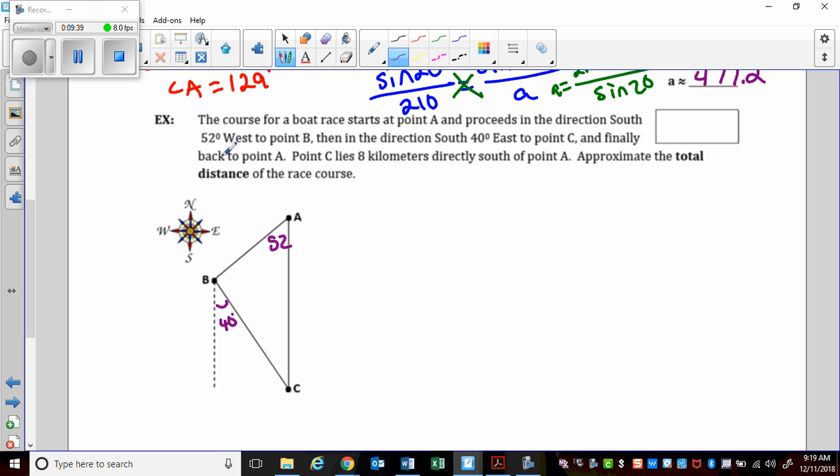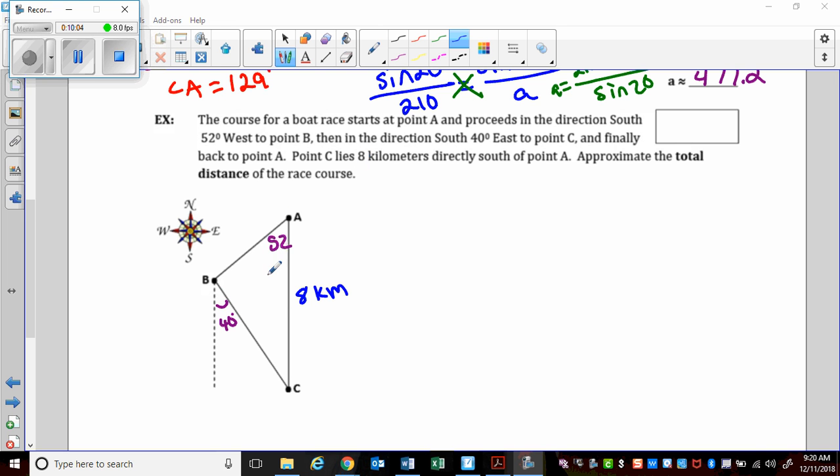And finally, back to point A. Point C lies 8 kilometers directly south of point A. So we know that C to A is 8 kilometers, so I know my units this time. Approximate the total distance of the race course.